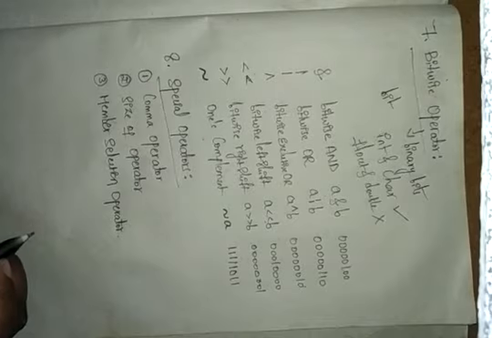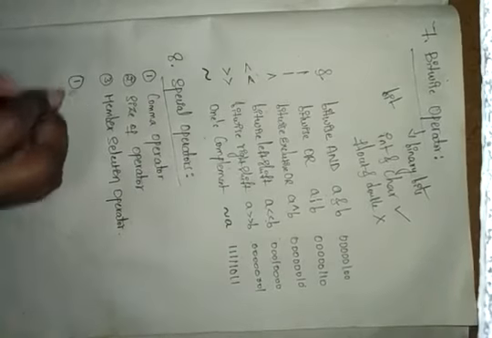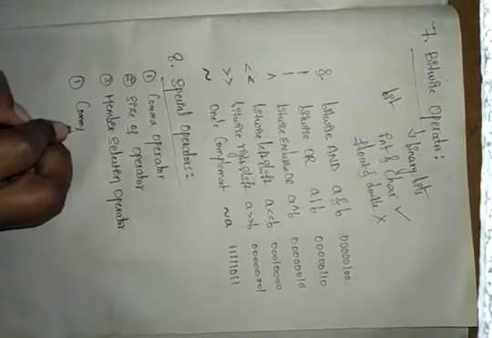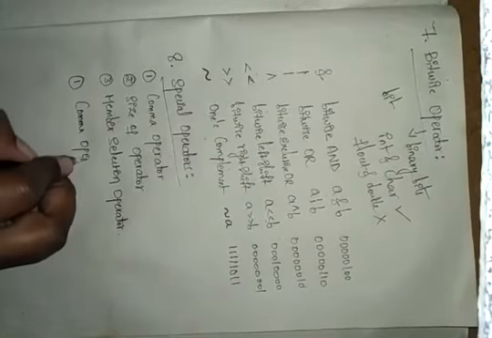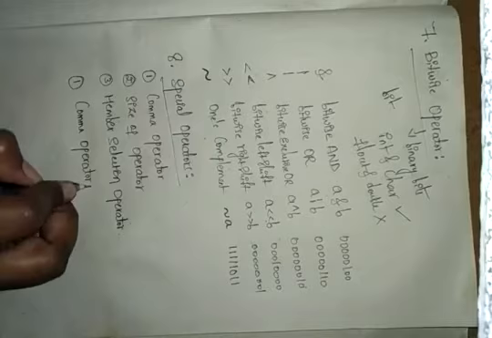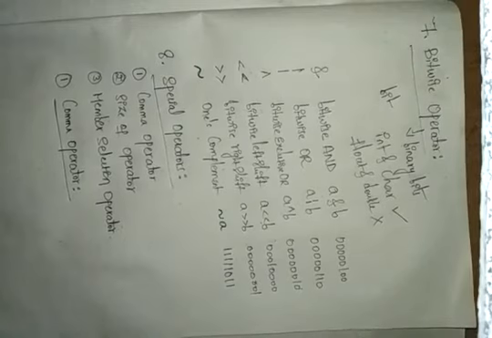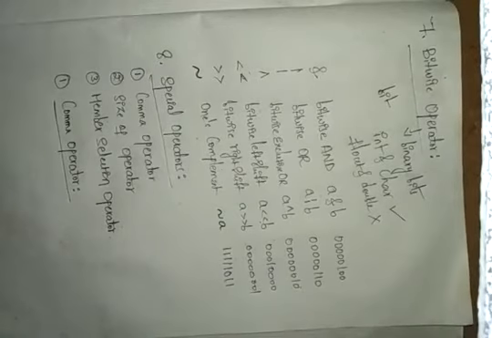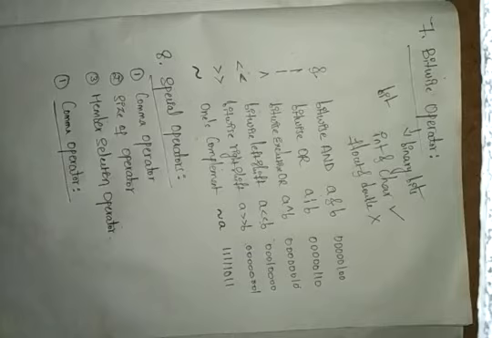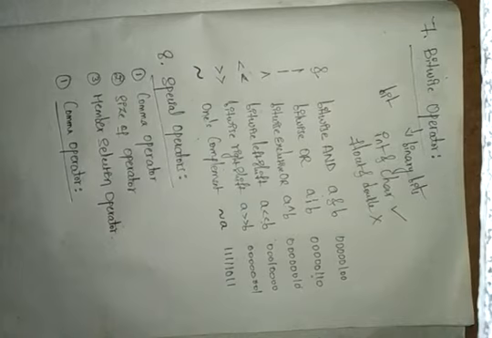So let's discuss the first one, the comma operator. A comma operator is performed with the comma. When you are giving variables, in between we place commas. Suppose you give a comma b, here in between we are giving our comma operator.